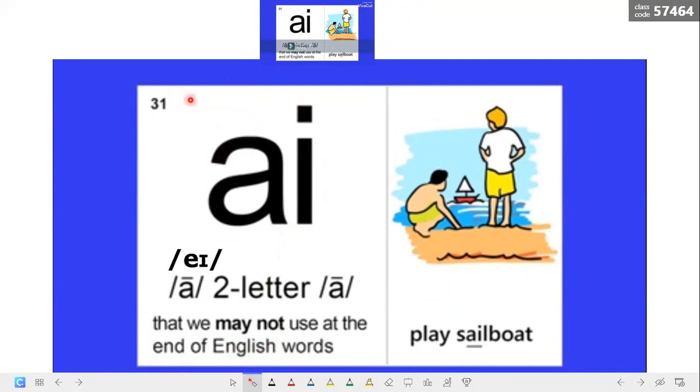This phonogram could not be the last letter in an English word. 31, AI, a two-letter A that we may not use at the end of English words. Play, sailboat.